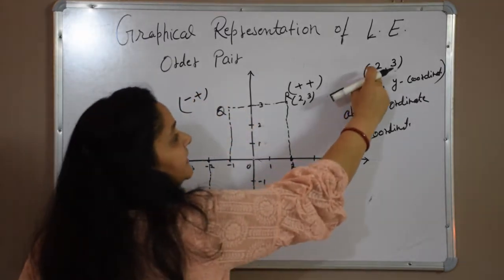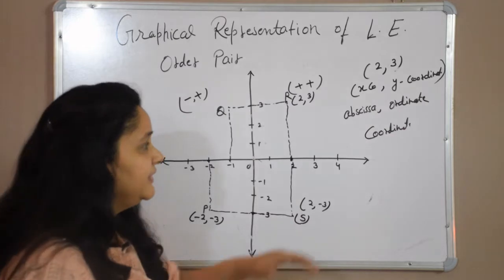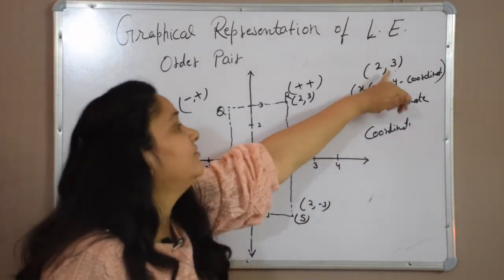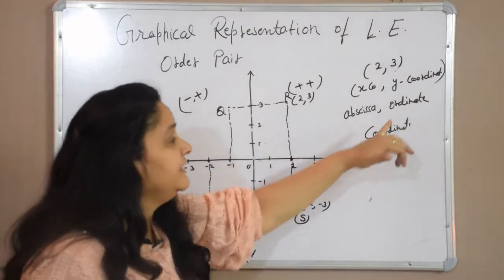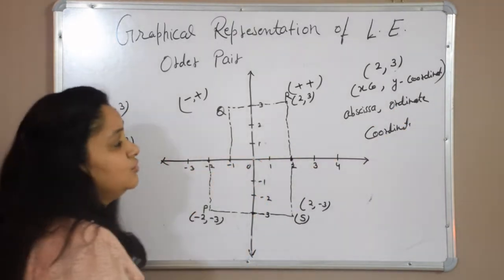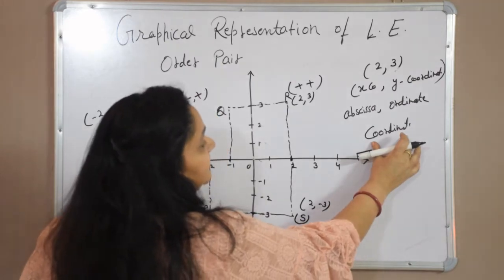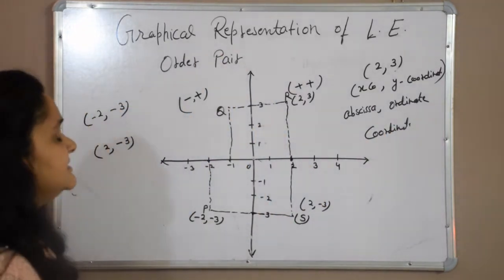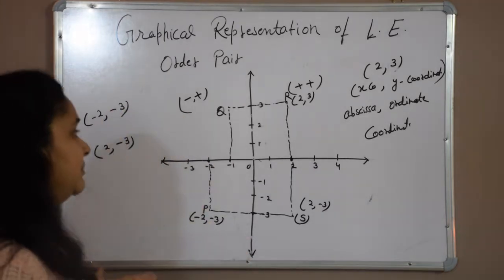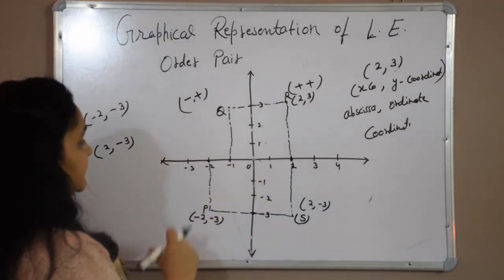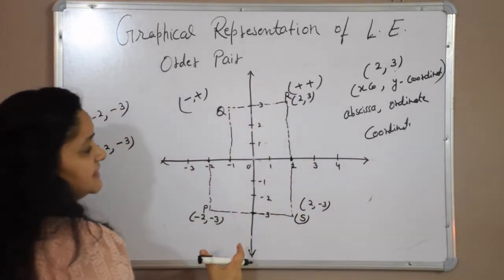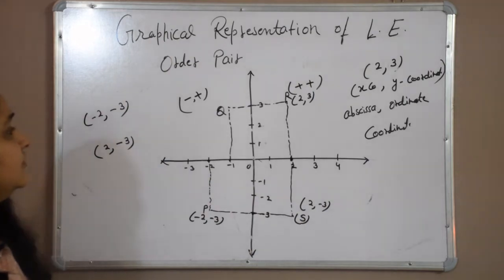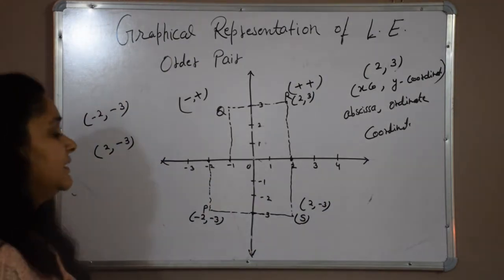This is the x coordinate and this is the y coordinate. The x coordinate is also called the abscissa, and the y coordinate is also called the ordinate, and together they become the coordinates. This entire system becomes the rectangular Cartesian coordinate system, or coordinate plane with coordinate axes. This is the x-axis, this is the y-axis. The x-axis is always horizontal and the y-axis is always vertical.